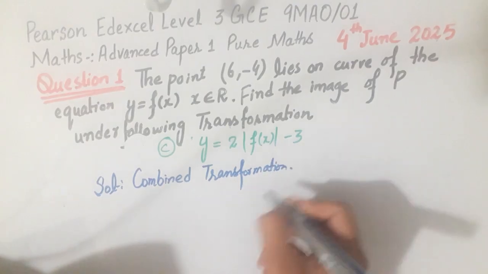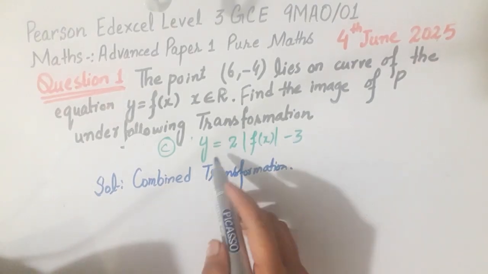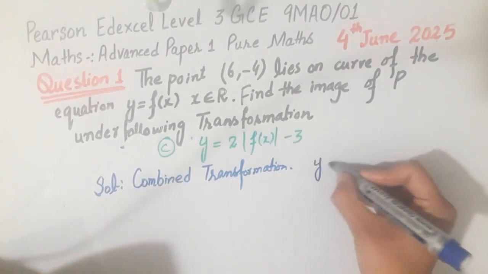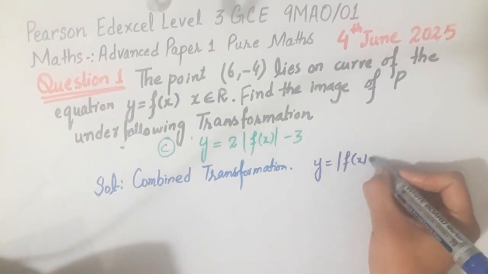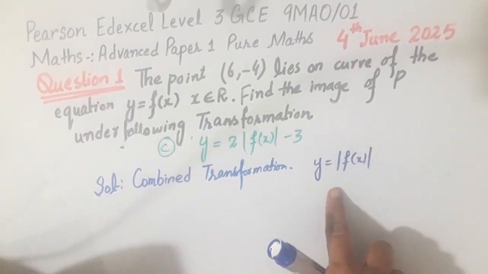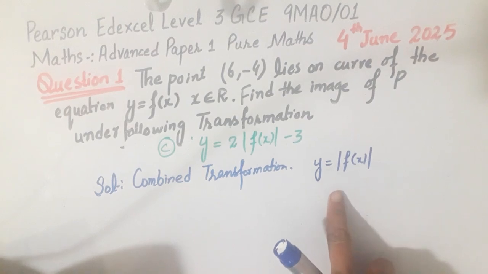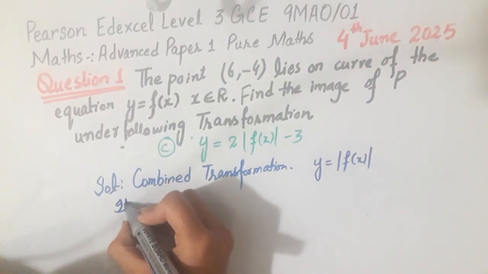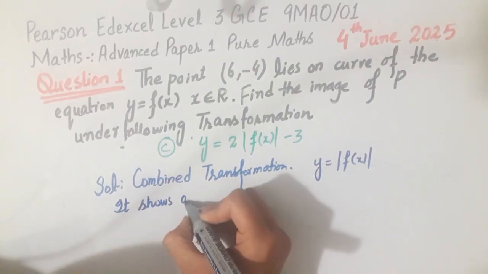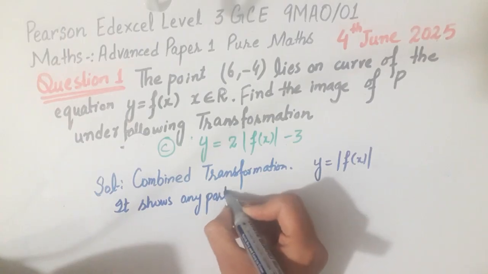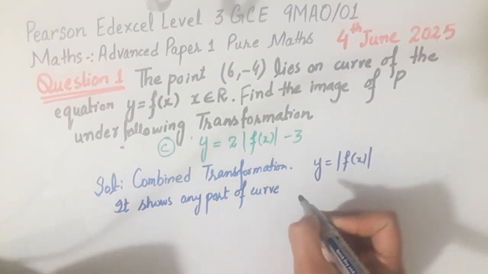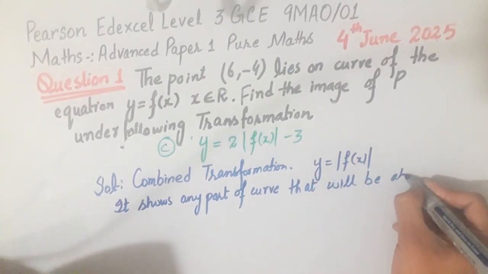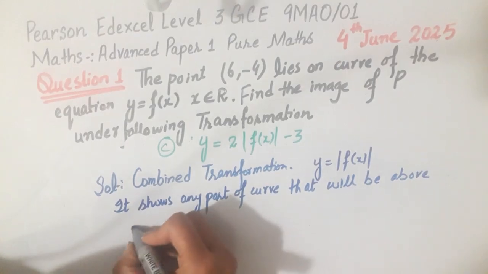We see that y equals mod of f of x reflects any part of the curve that is below the x-axis to above the x-axis.